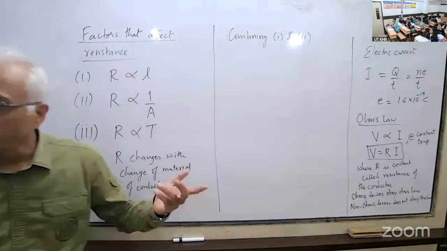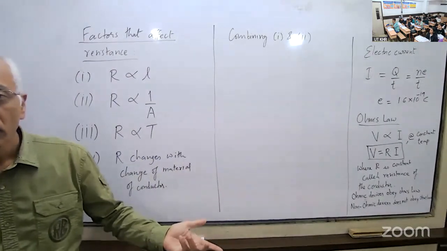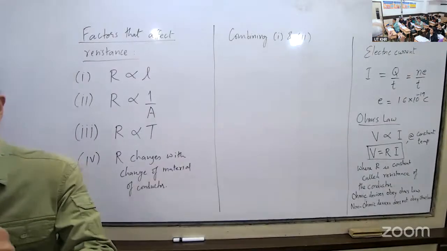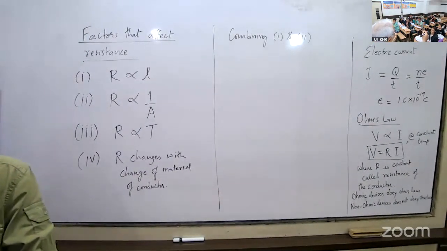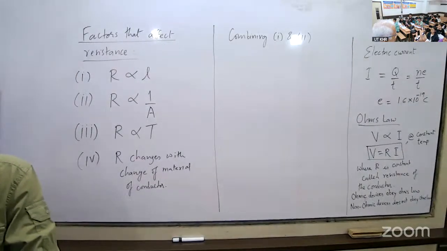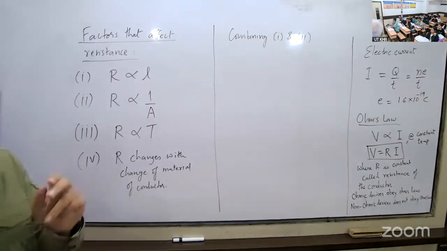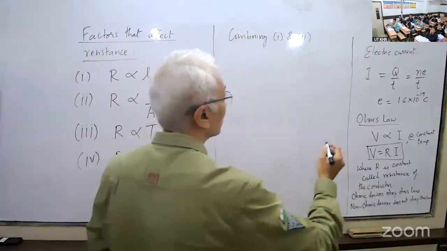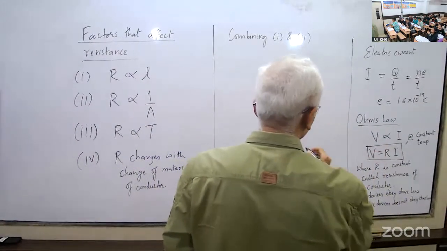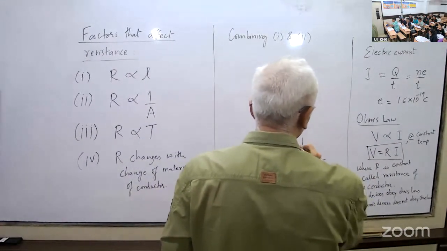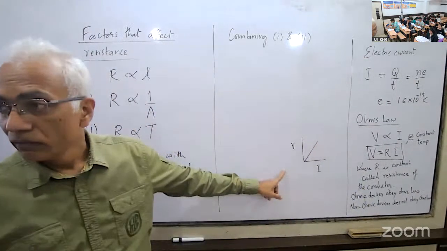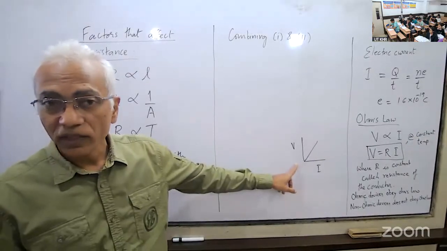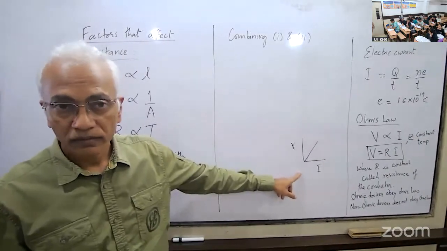What is the meaning of obey or do not obey? Like if in a non-ohmic device, if I increase voltage, the current will not increase in the same proportion. So you will not get a straight line. So if you draw a VI graph for an ohmic device, the VI graph should be a straight line.